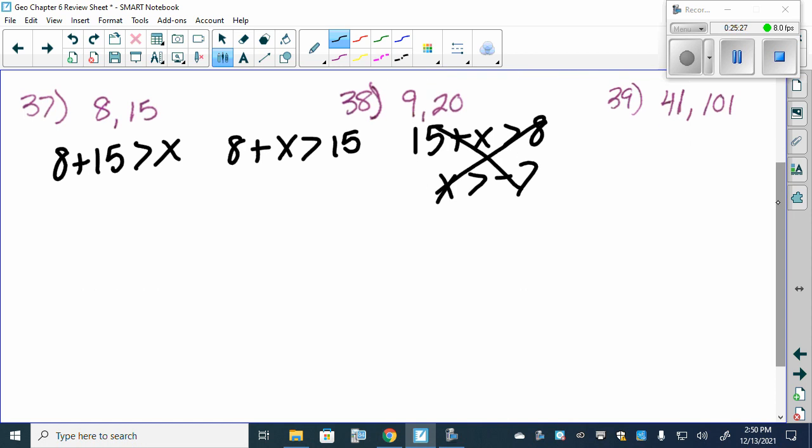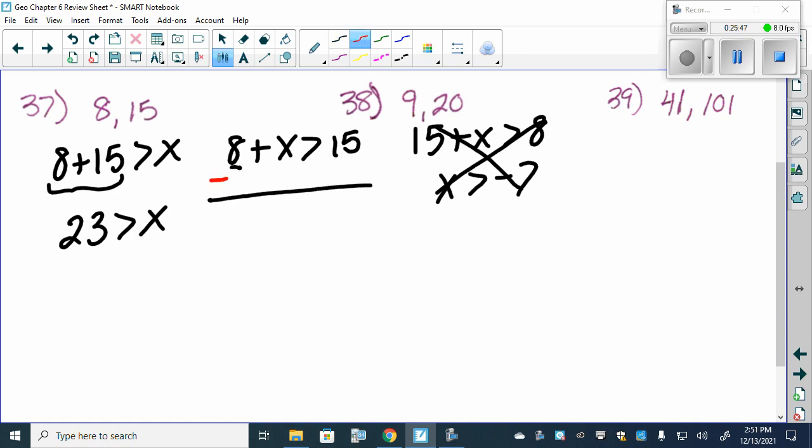Now for the first one here, well, we can do 8 plus 15, which is 23 is greater than x. X has to be smaller than 23. Because if x is equal to 23 or greater, well, those two side lengths do not add together to be greater than the third side. For the other one here, we're going to subtract 8 from both sides, which will tell us that x is greater than 7.